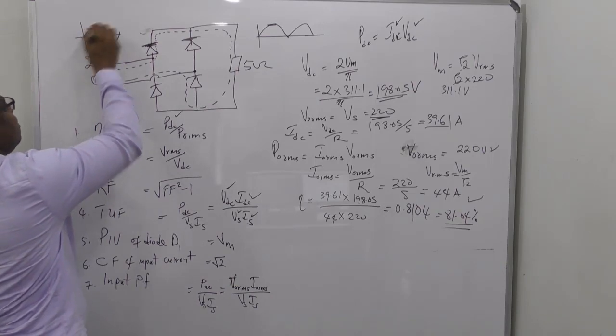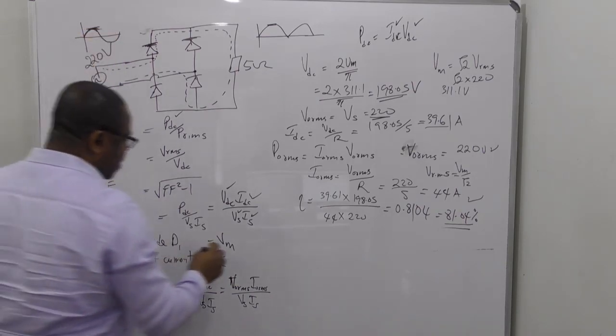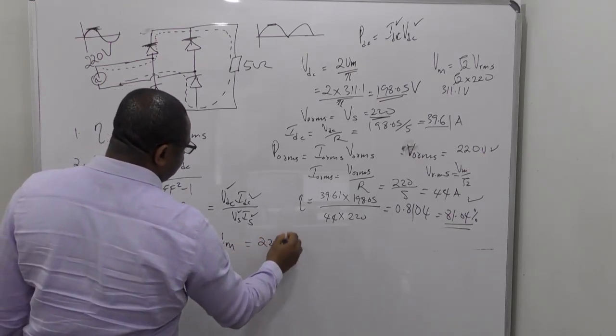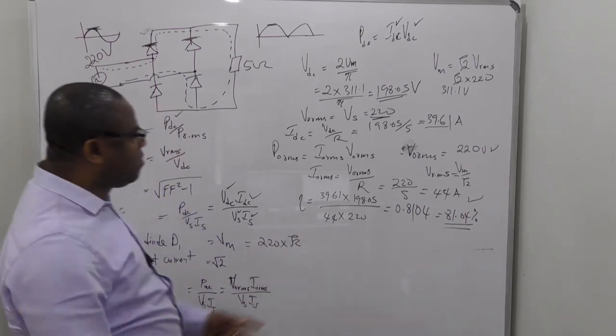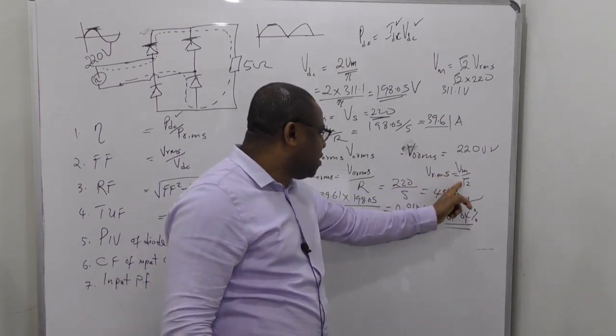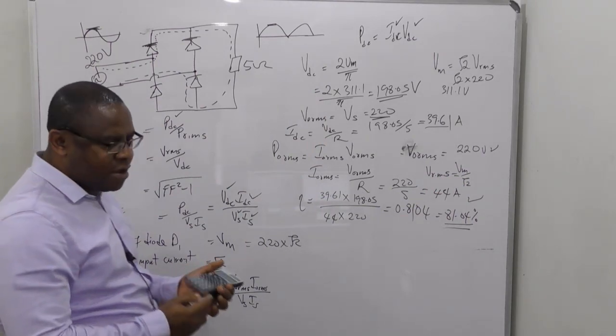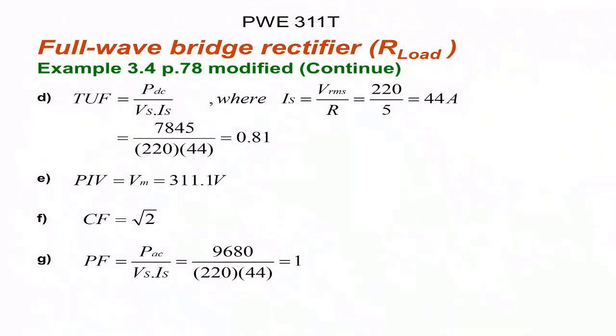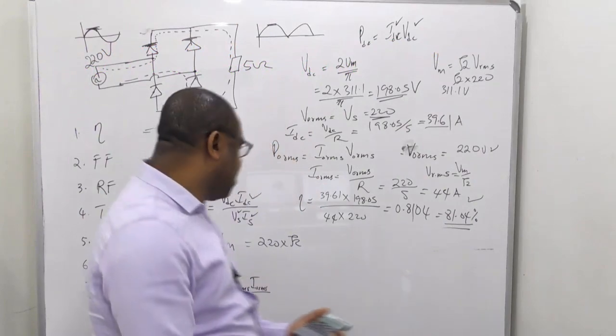So peak inverse voltage is V peak, which is 220 times root 2, because we know that VRMS is V peak over root 2. So you get 311.1 volts.